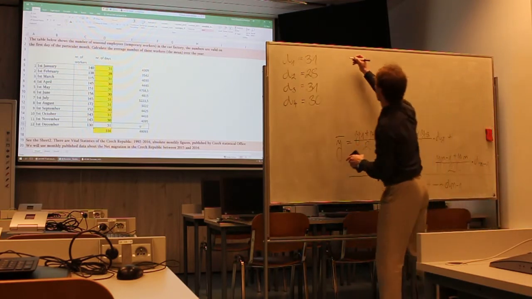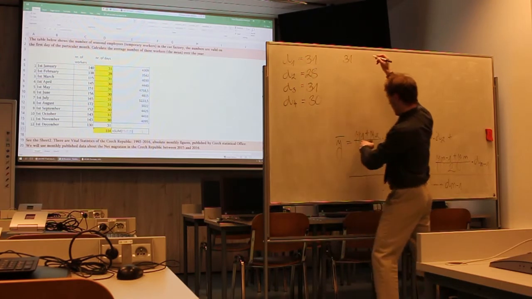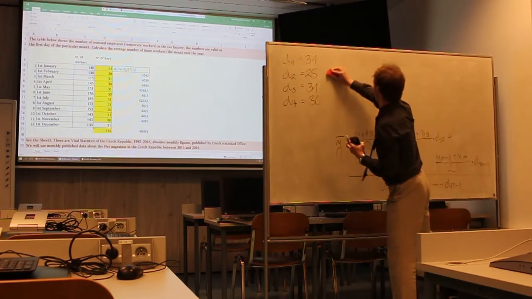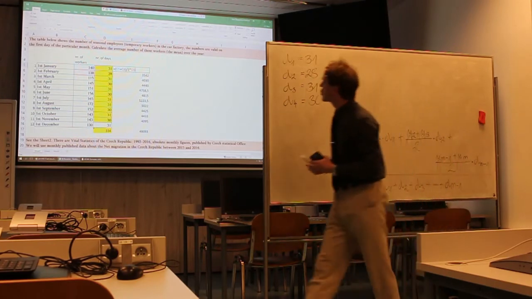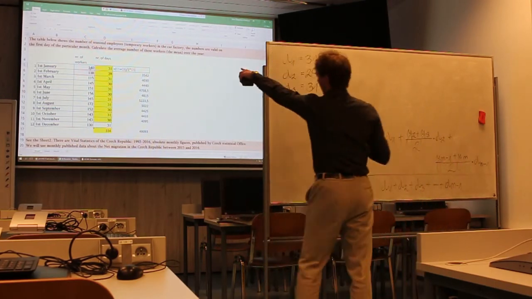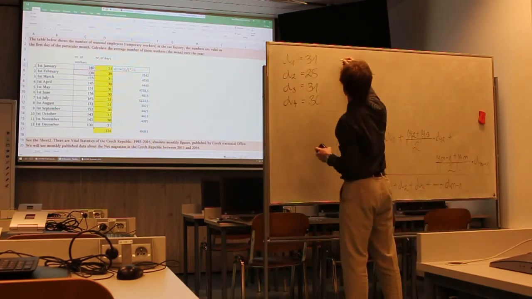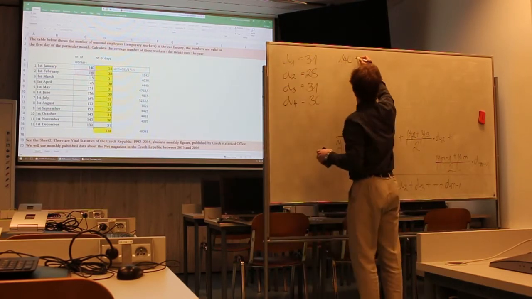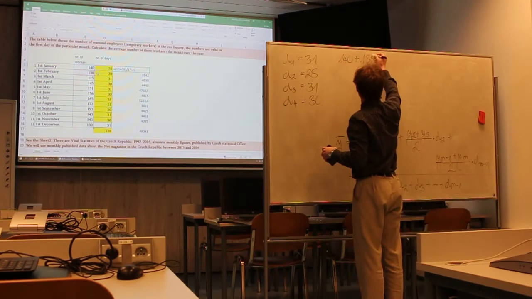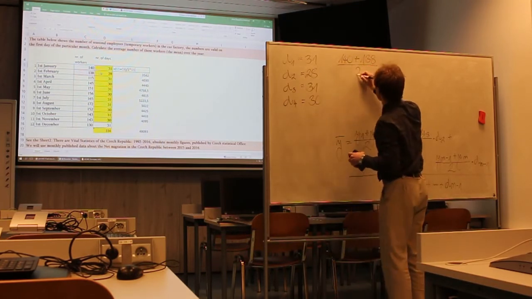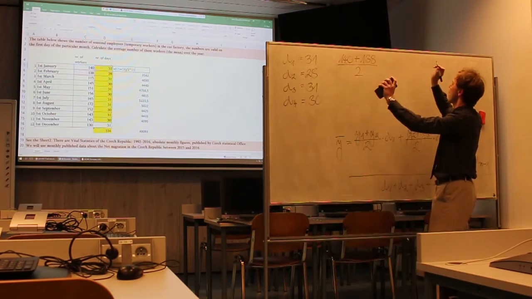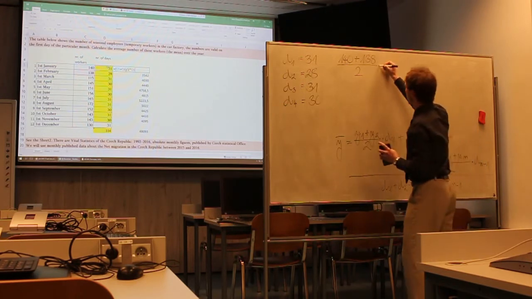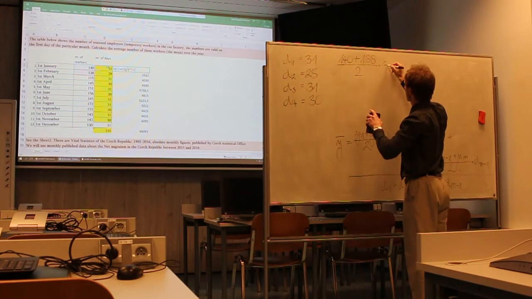First observation, 140 employees, plus 138 employees, divided by 2. This is a simple moving average with length 2, weighted by D1, 31.